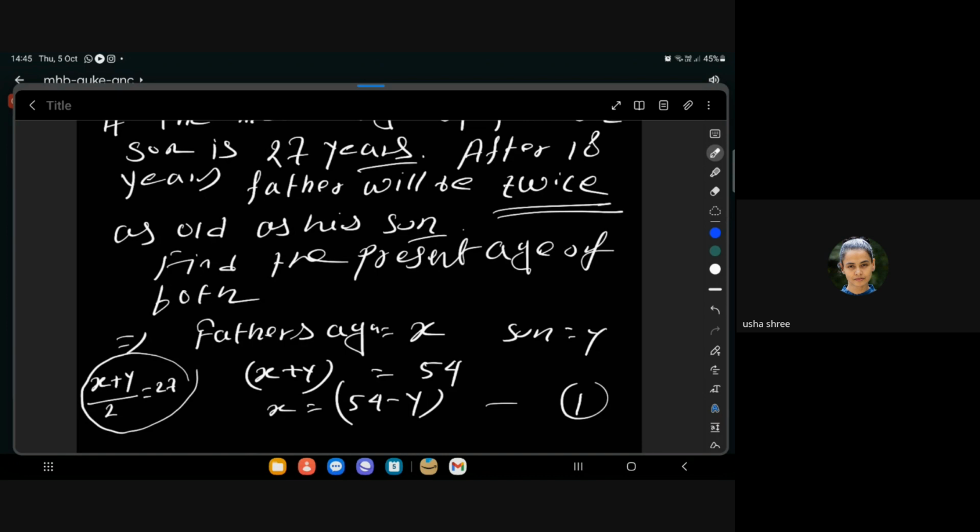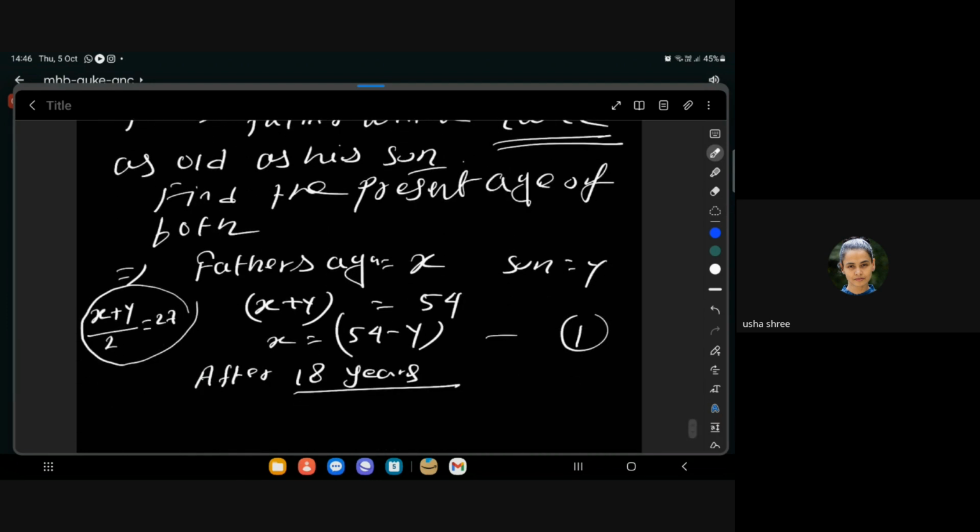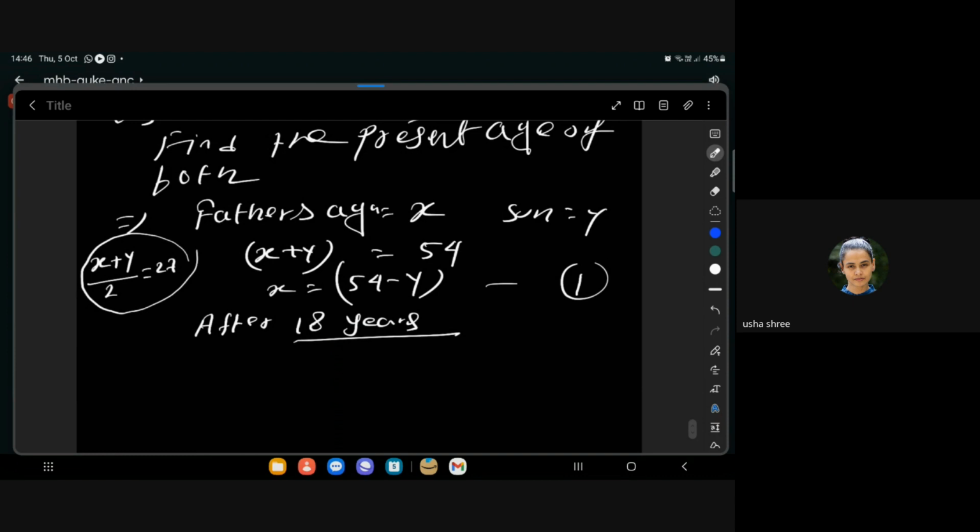Up to this much is clear? Yes, bhaiya. Now after 18 years, father's age is x and son is y presently.